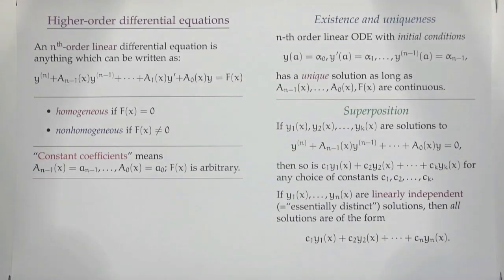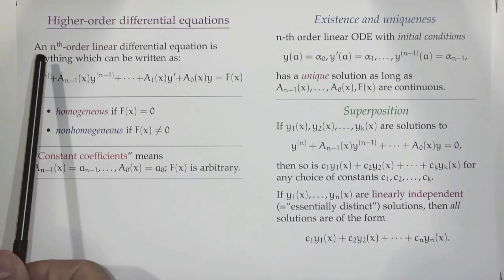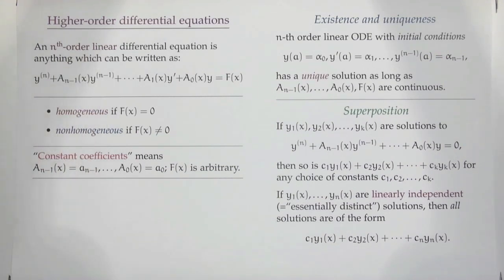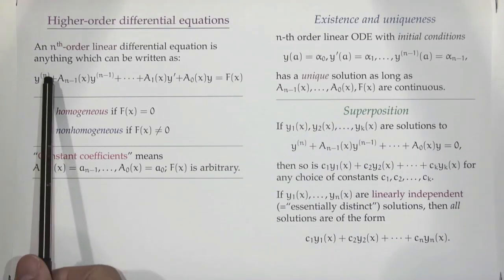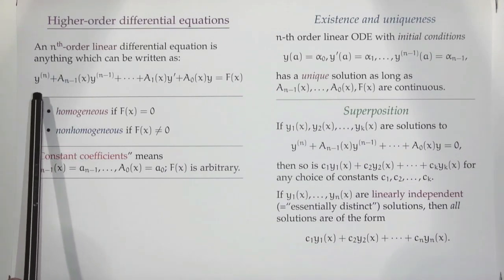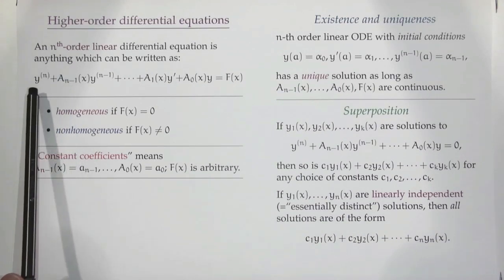So what we start with is just a bunch of terminology, just so we make sure we understand what we're talking about. So an nth order differential equation, in particular nth order linear, so from now on we're really going to focus on linear. It's something which you can write in the following way. So you have the nth derivative, so nth order refers to the order of the highest derivative, so that's where this n shows up.